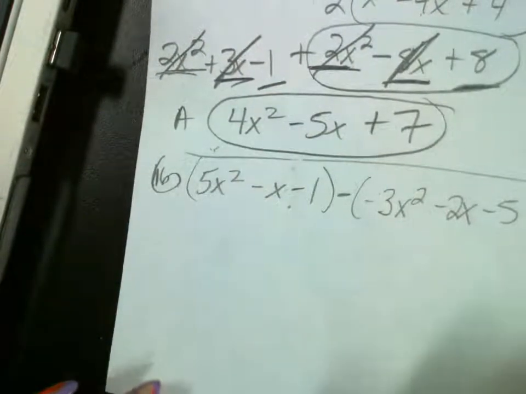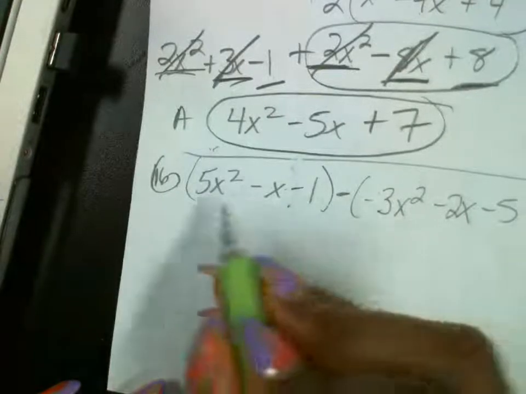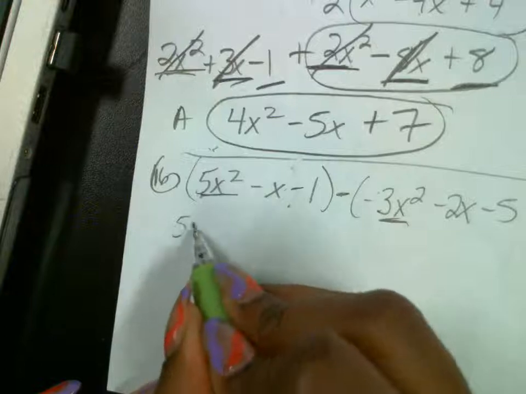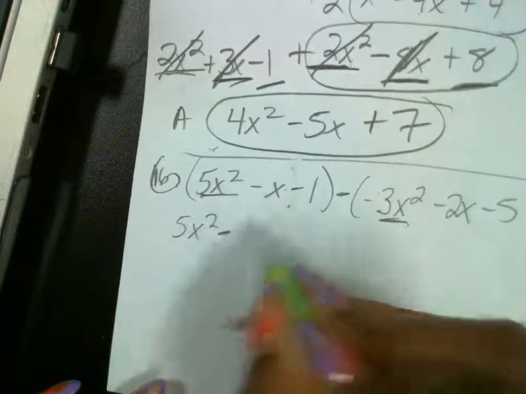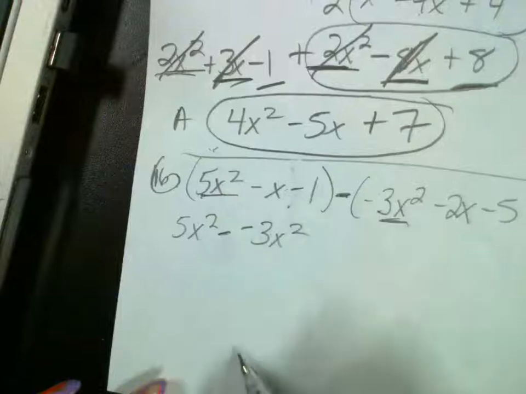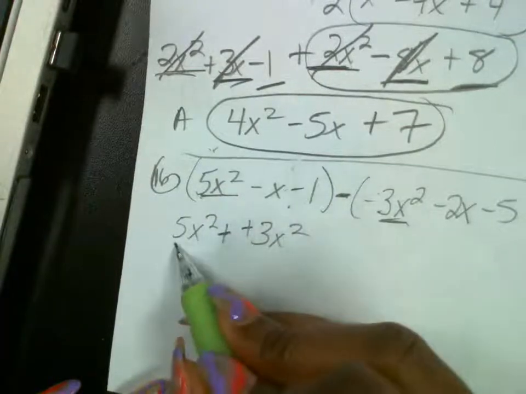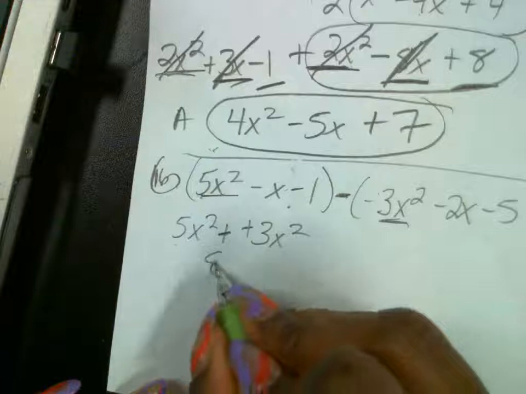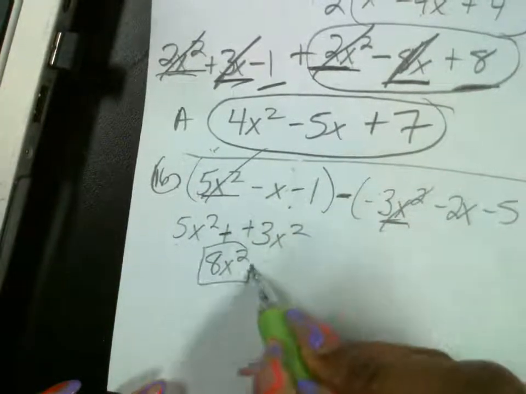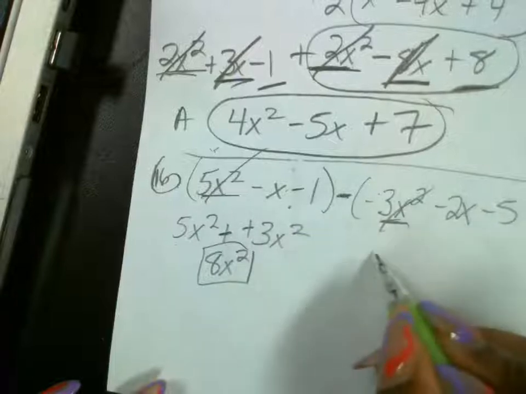Okie dokie. So we're subtracting them. So we're subtracting like terms, this one and this one. So that's 5x squared minus a negative 3x squared. So this is plus a positive. This gives me 8x squared. Now let's do this one.